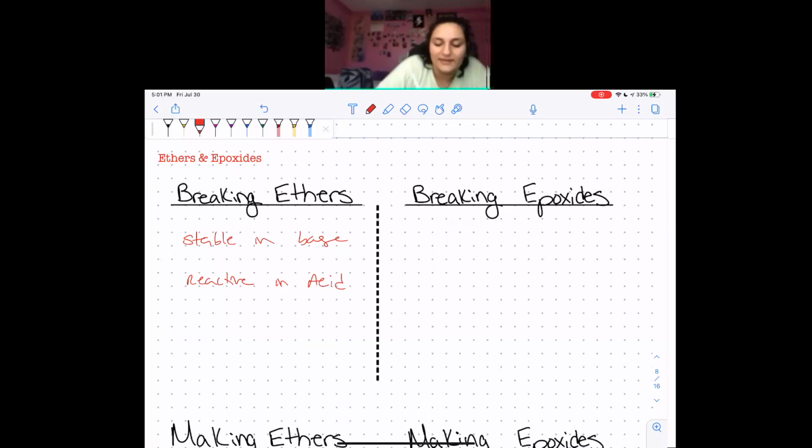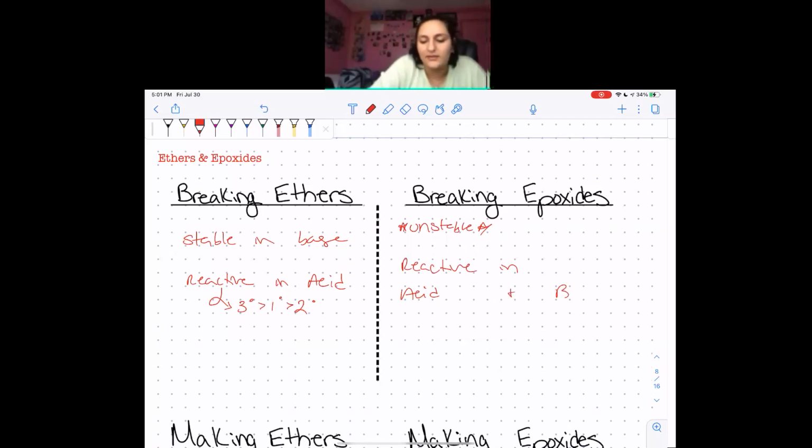And we know the order of preference of attack in acid is hard to remember. So it's 3, 1, 2. And epoxides are super, super, super unstable. So they are reactive in acid and base.